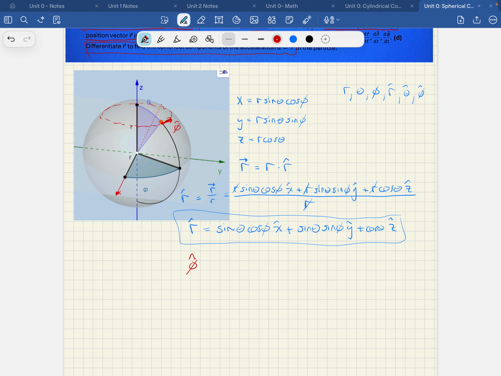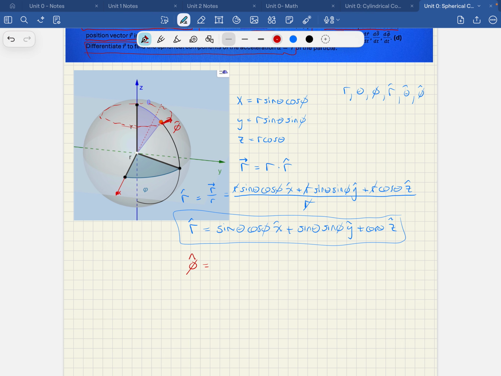If I was down here with a different theta, my phi hat would be pointing in the same direction. So phi hat does not depend on theta. Also, phi hat is a unit vector. So the easiest way to make a unit vector is to have sines and cosines.